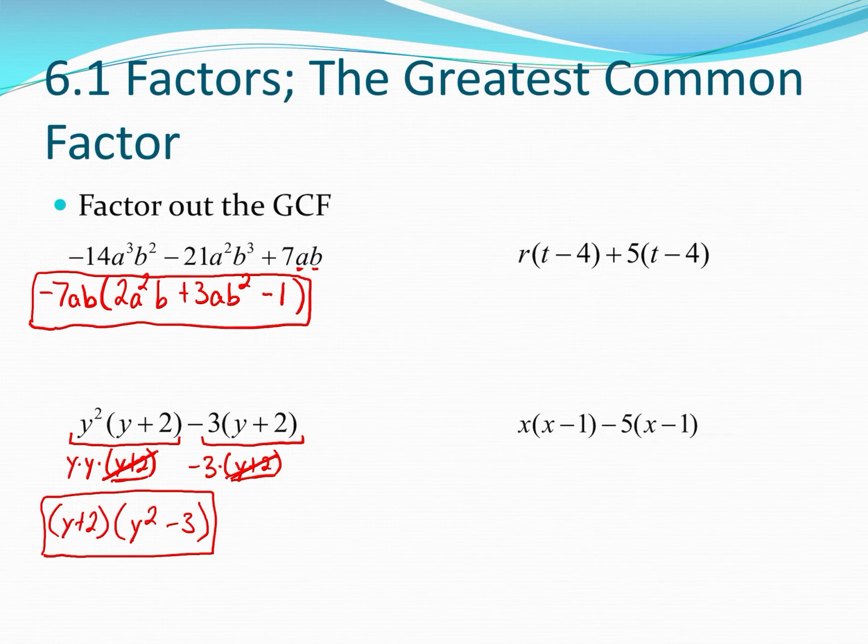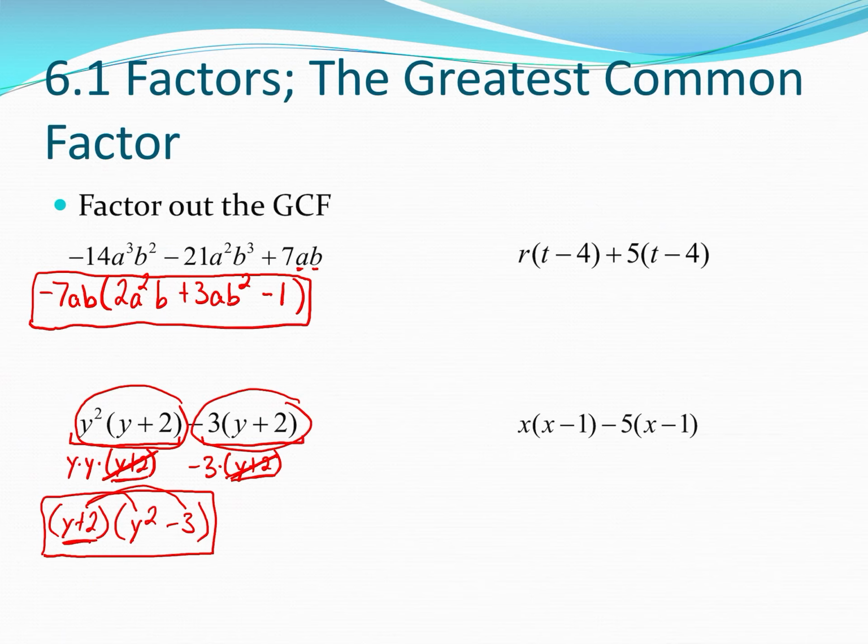Well, this is a little more difficult to do, but if you could think about distributing this y plus 2 all at the same time, and you distribute it to the y squared, well, y plus 2 times y squared is going to be this term. And then if you distribute it to the negative 3, times y plus 2 is that term. And so you could technically distribute this back and be able to get your answer.